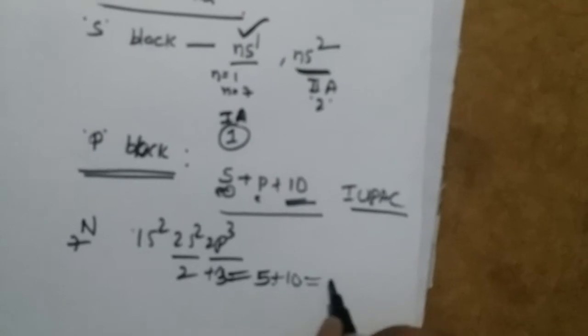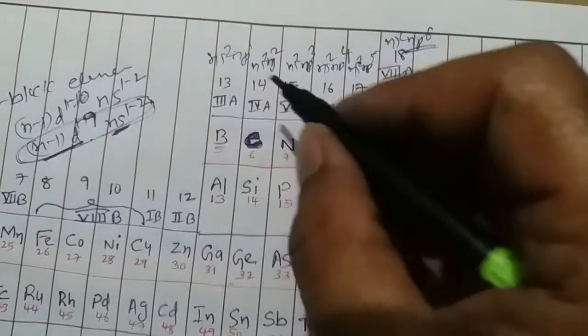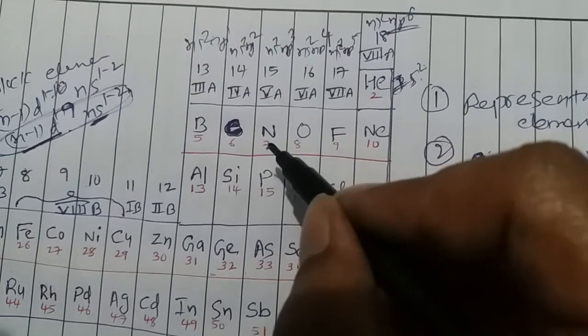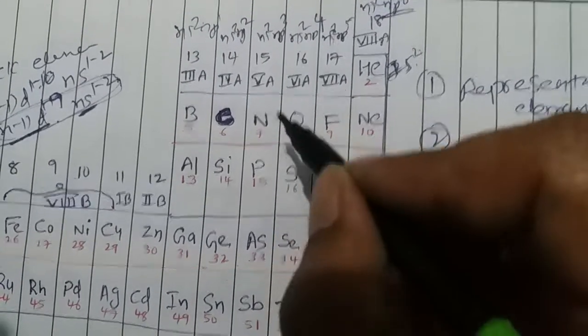If we add 2 plus 3, we get 5, plus 10 means 15. So nitrogen belongs to the 15th group only.